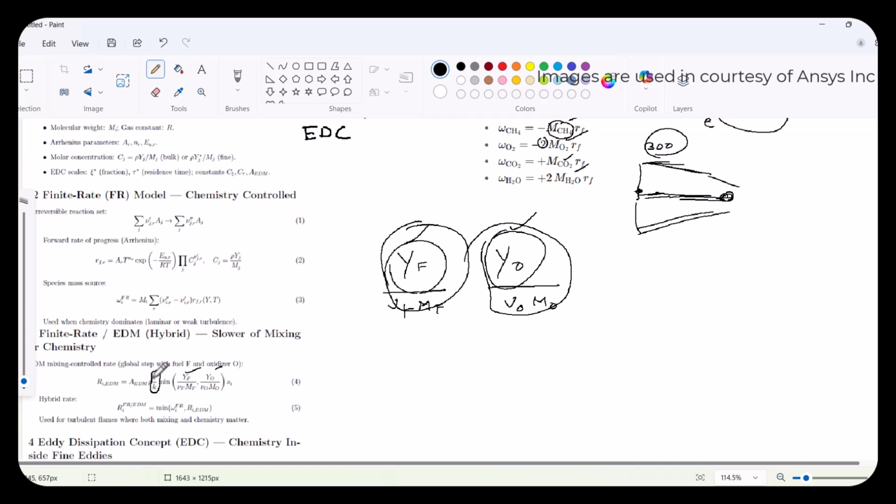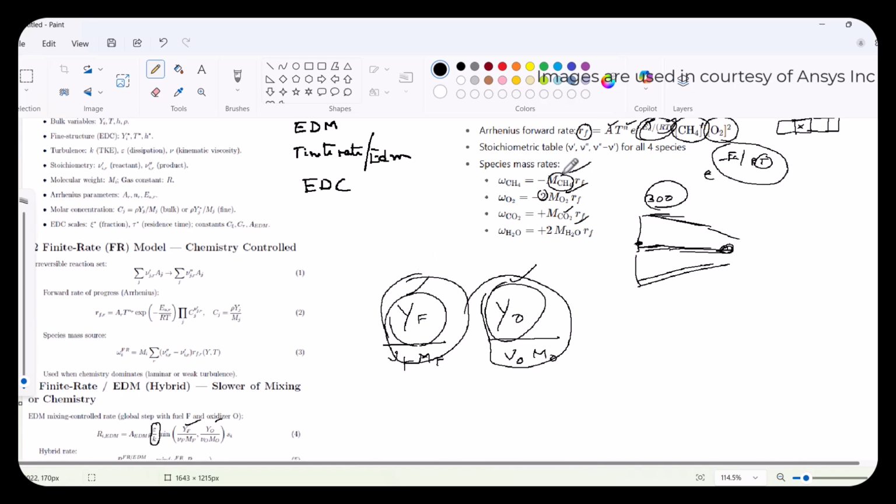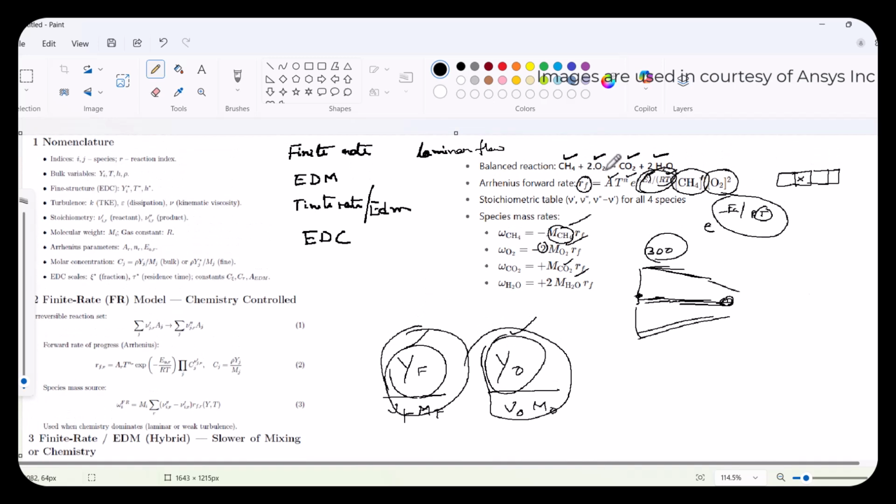If the turbulent dissipation by kinetic energy is high, then the reaction rate would be high, and it will take the minimum of these two values. Simply, for the time being, if you don't consider these two, you check the epsilon by K. Wherever this value is high, the reaction rate will be high in that specific area, and that automatically gives the amount of CH4 and O2 being consumed in the single cell.